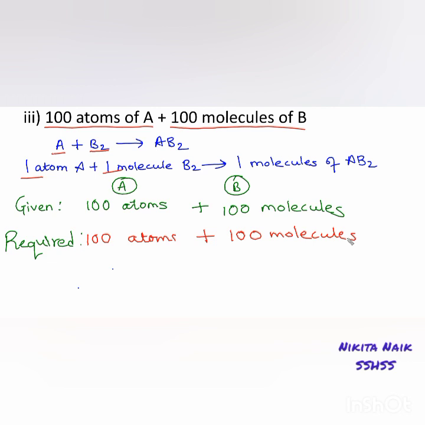The required quantity in this case is the same as the given quantity. So in this reaction, both A and B will get consumed. Hence there will be no limiting reagent and no excess reagent in this case.